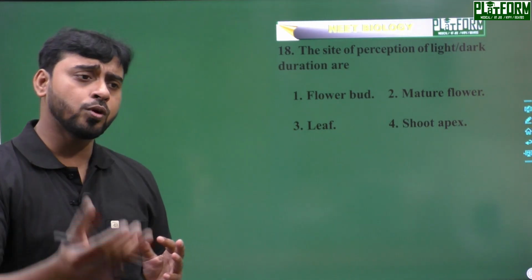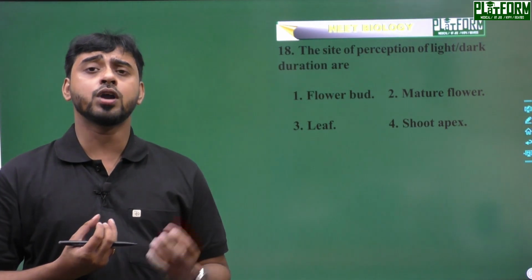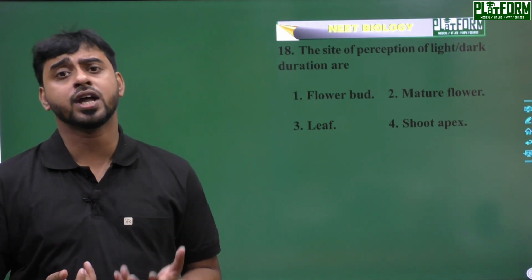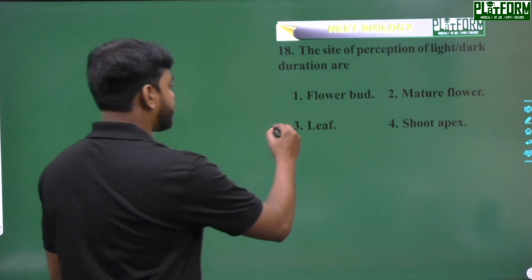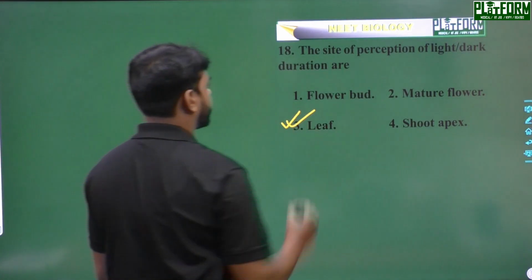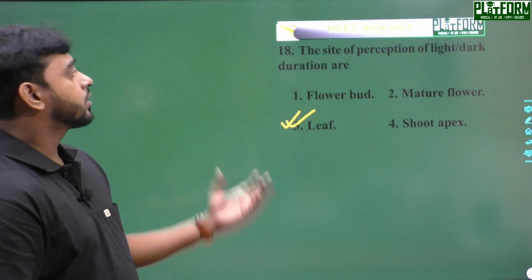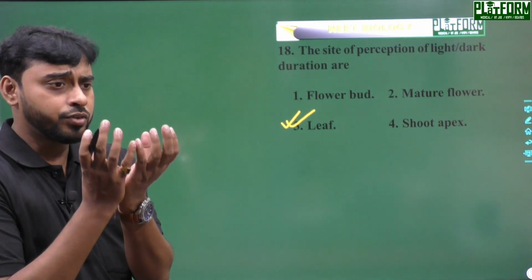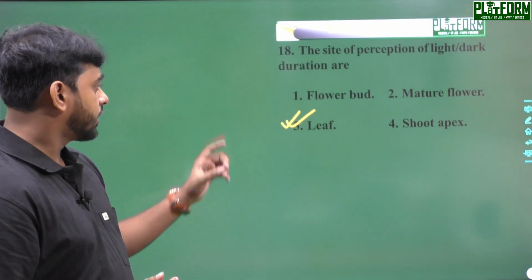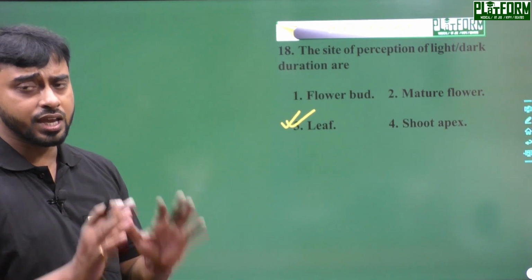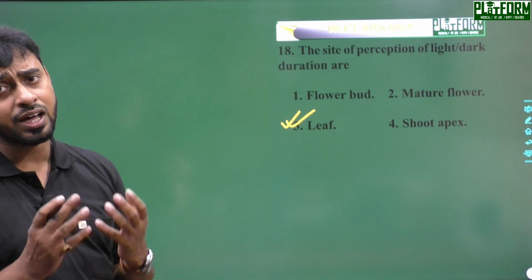For photoperiodism, plants have some pigments, and that particular photoreceptor pigment is known as phytochrome, and this phytochrome pigment is present in the leaf. So the site for receiving the light is the leaf. It is the area through which the plant can receive the light.